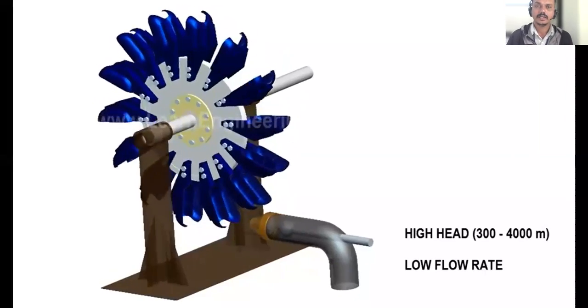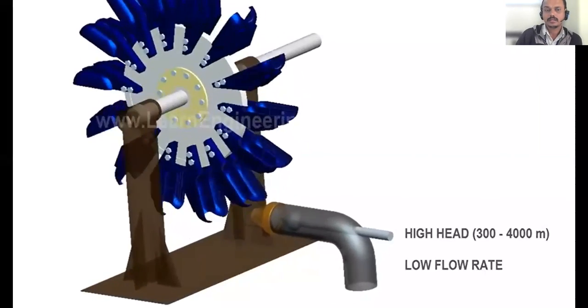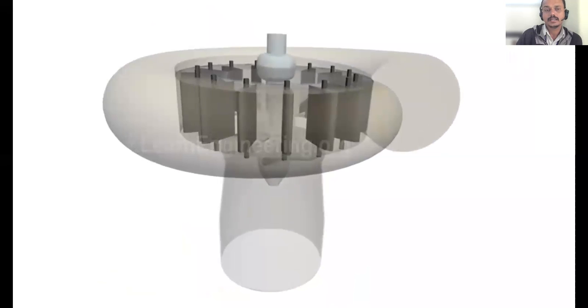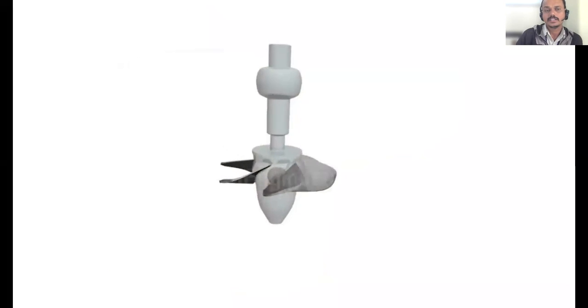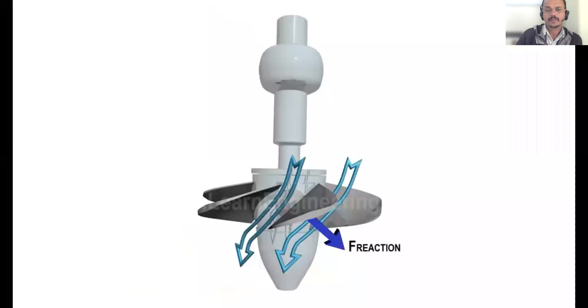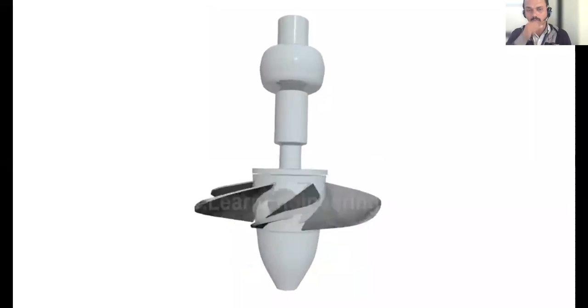When high energy water is available at high head, at that time we can use this Pelton turbine. When the head is low and discharge is more, at that time we can use this Kaplan turbine. The Kaplan turbine is purely a reaction turbine.